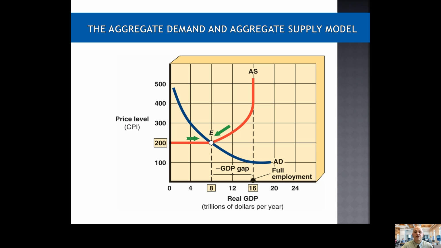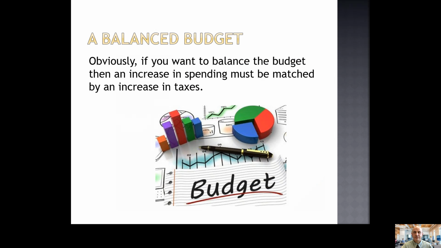So you will explore how Keynes believed that we could shift the aggregate demand curve in order to bring the economy to full employment. And this is just a different way of visualizing how that actually looks.